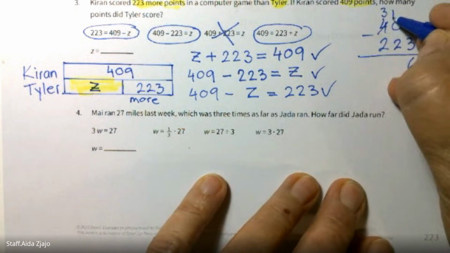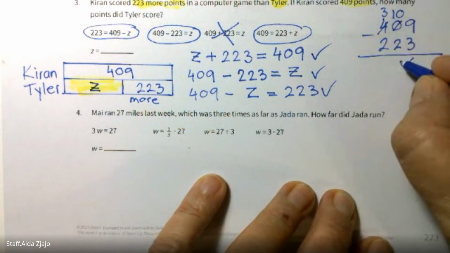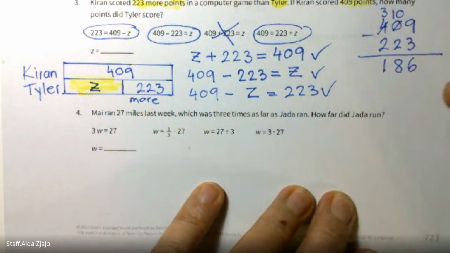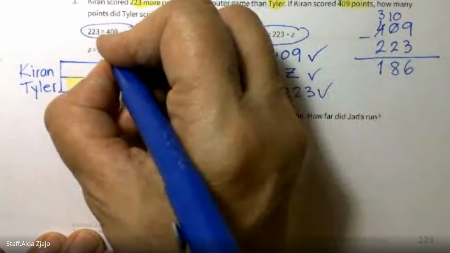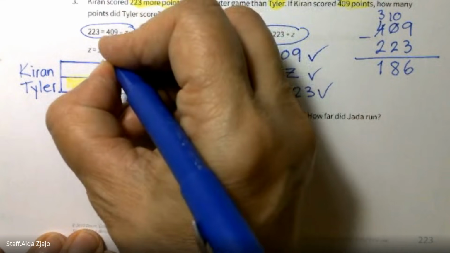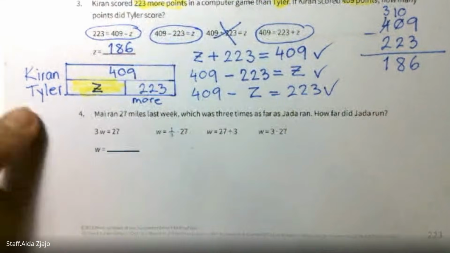I have to regroup. 10 minus 2 is 8. So 186. Z is 186, and that is Tyler.